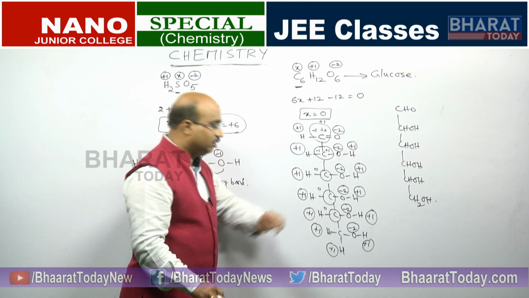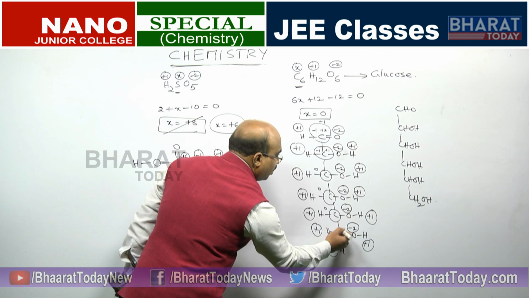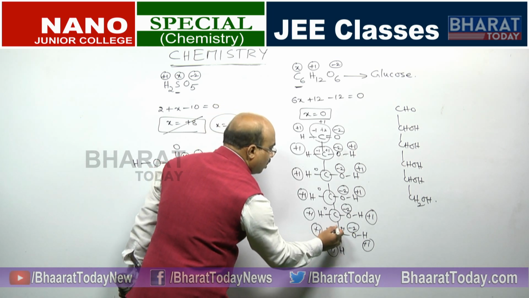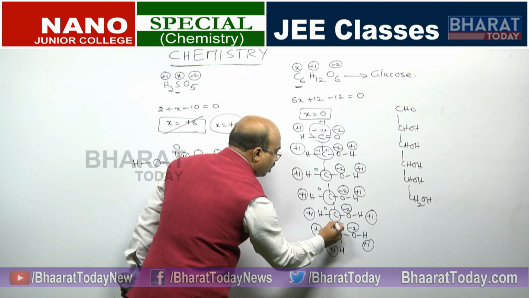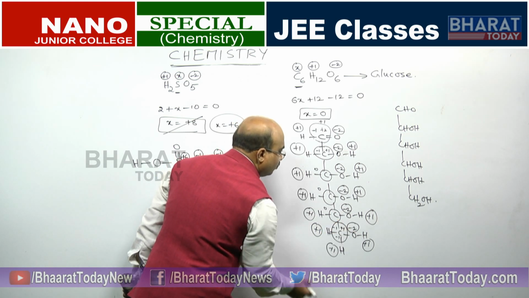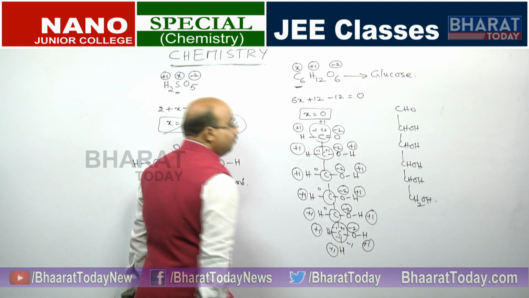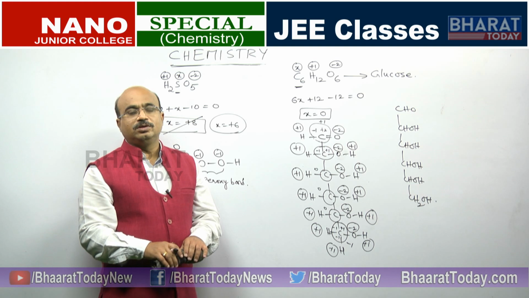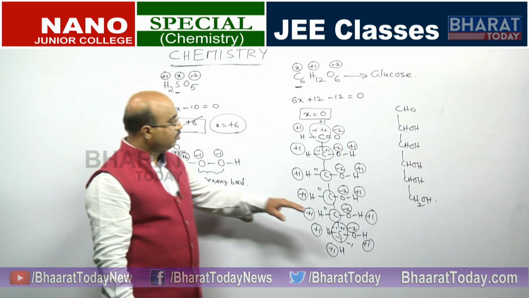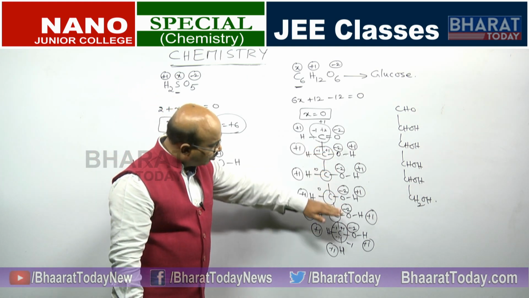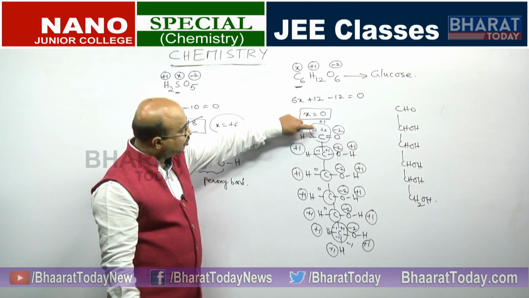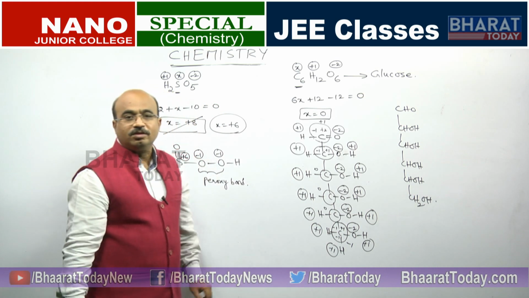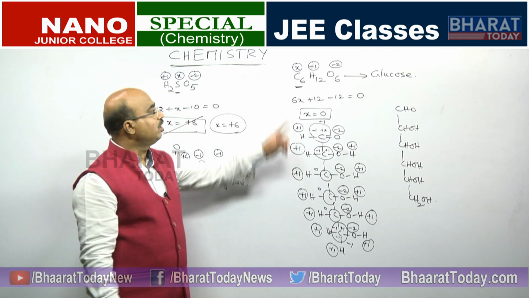Now, the last one: this develops +1, and these 2 develop -1 and -1. So, the total charge on this carbon will now be -1. So, when we observe now, these 4 carbons are 0, this carbon is +1, this carbon is -1, so the total we are getting is 0.